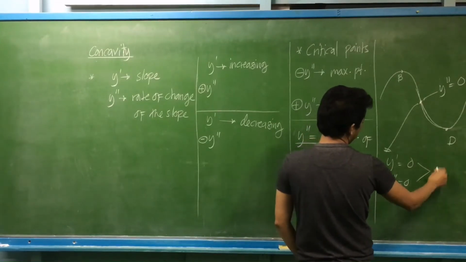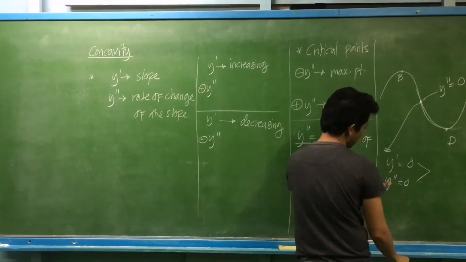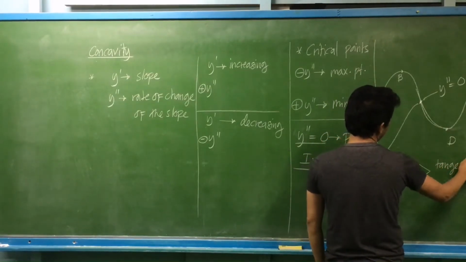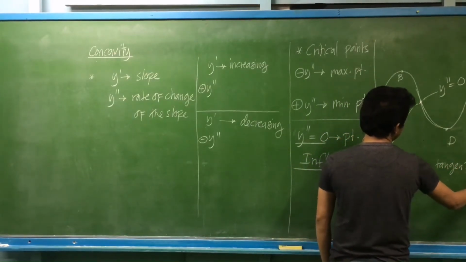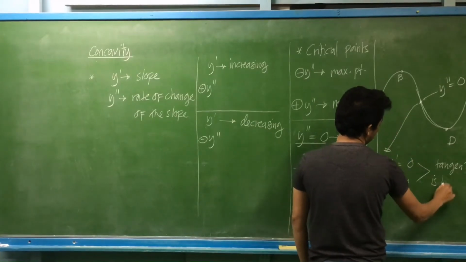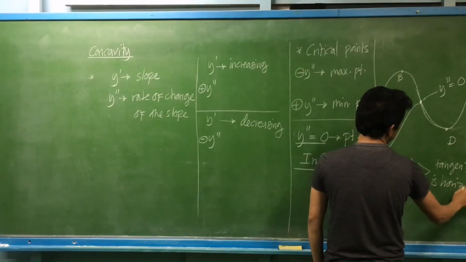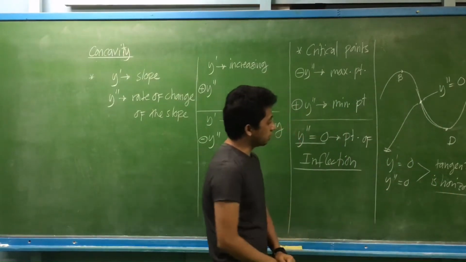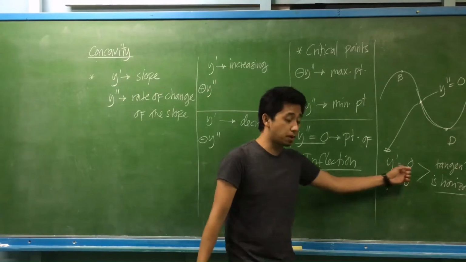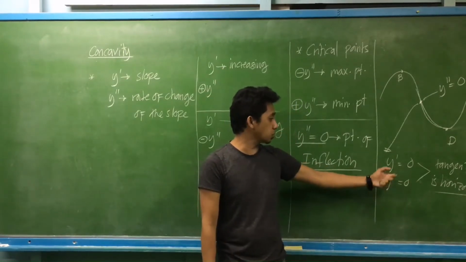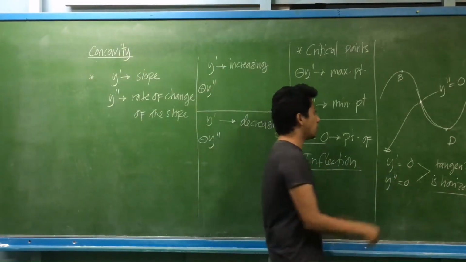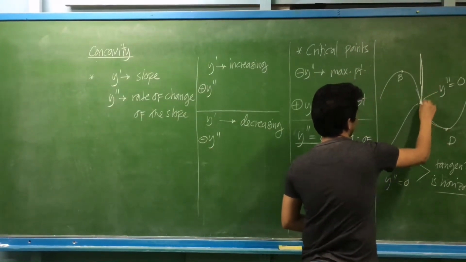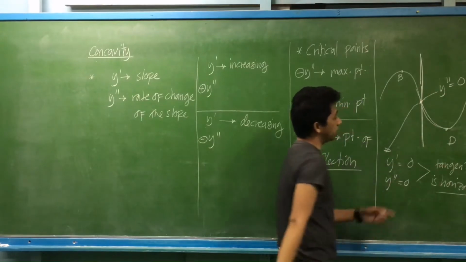For the cases that y prime is equal to 0 and y double prime is also equal to 0, we will have a tangent line that is horizontal. So for the cases that if that point is at y prime equal to 0 and y double prime is also equal to 0, if we are to draw a tangent line at that point, that is supposedly a horizontal tangent line.